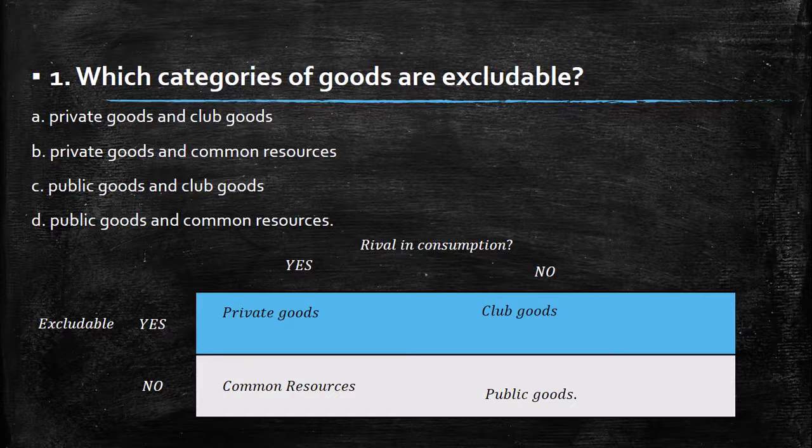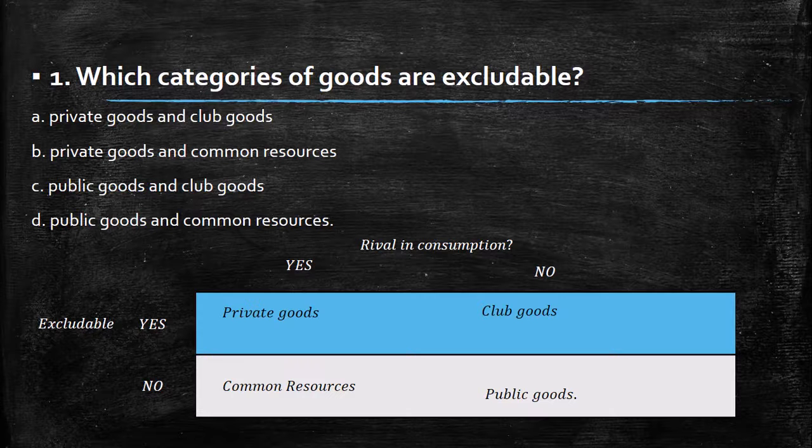The famous example is national defense. The fact that you just stay in the United States means you cannot be excluded from receiving the benefits of national defense. And it's not rival, because when you are being provided with national defense, you are not preventing another one from receiving this benefit.